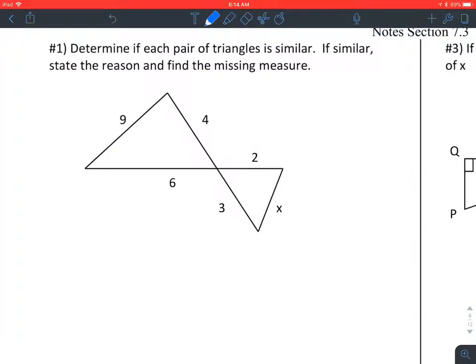Check out an example. Determine if each pair of triangles is similar. If similar, state the reason and find the missing measure. We got three things to do here, y'all. Well, check this out. This angle right here and this angle right here, those are vertical angles.